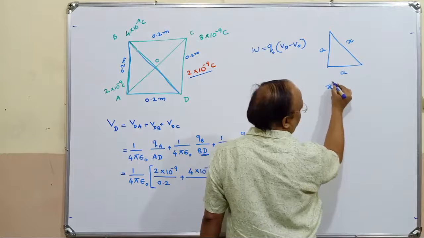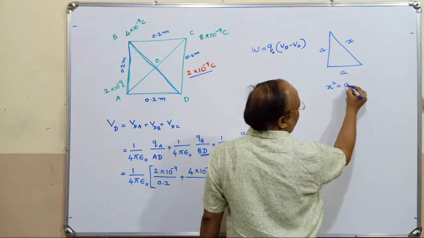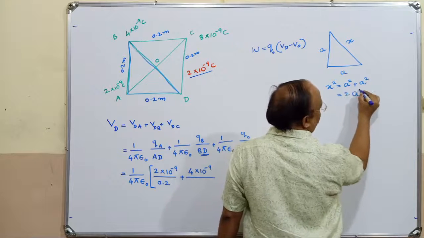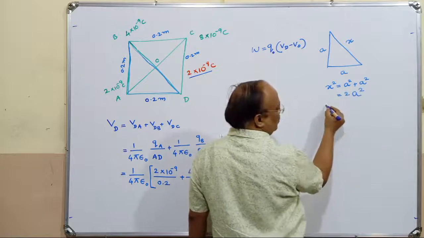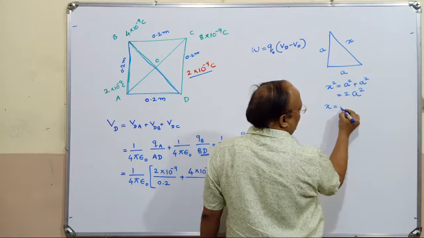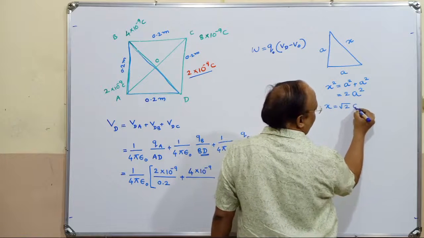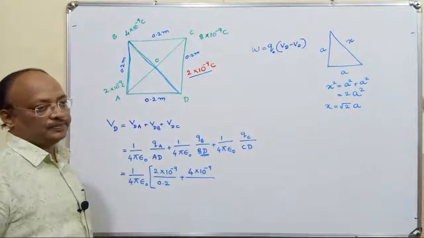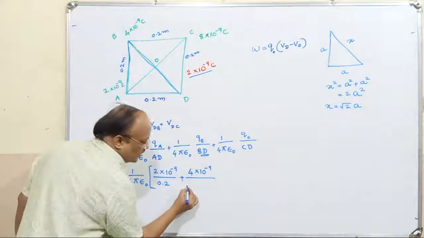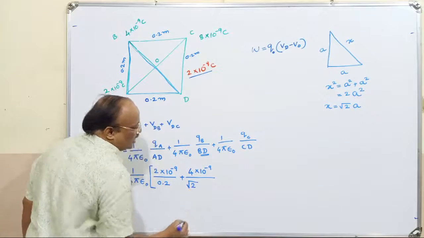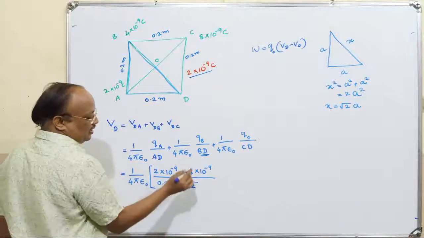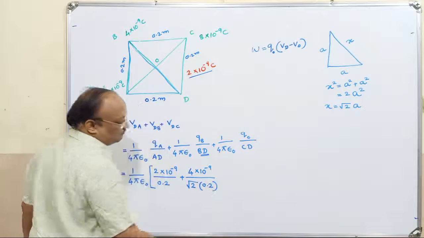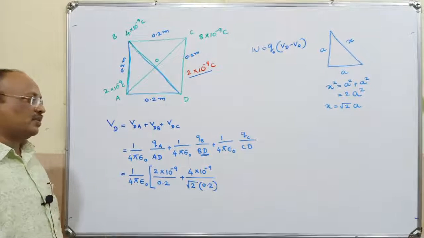So x square is equal to a square plus a square, which is 2a square. So x is equal to root 2 times a. So in a sense, this will be root 2 times of 0.2.